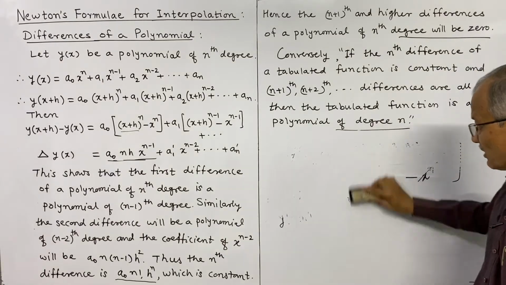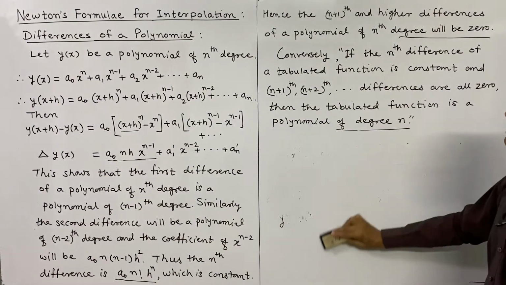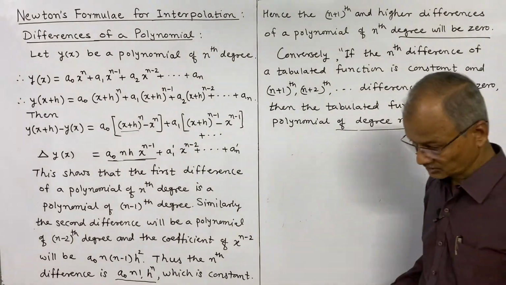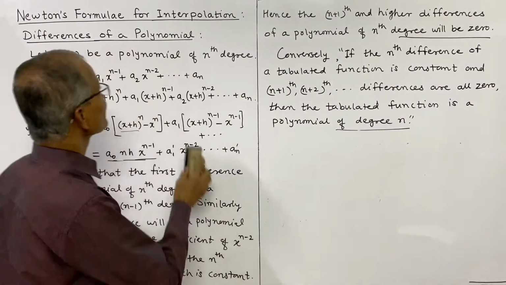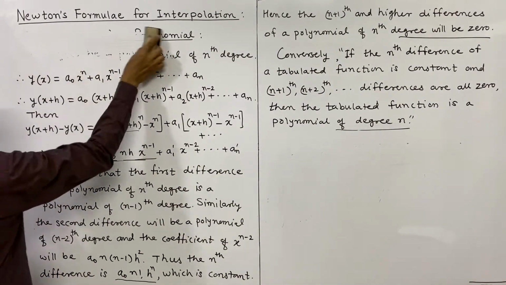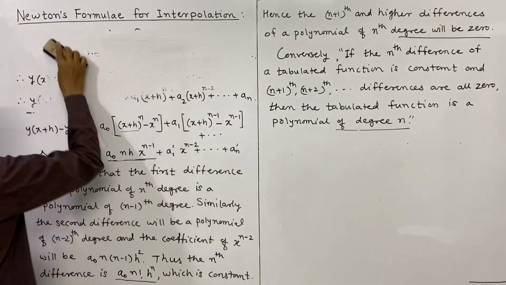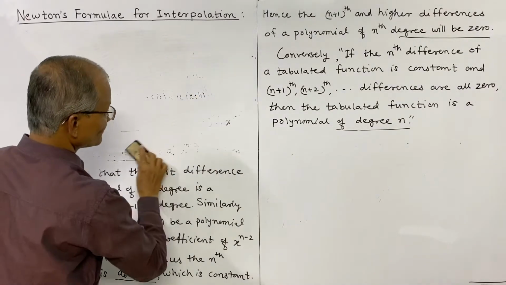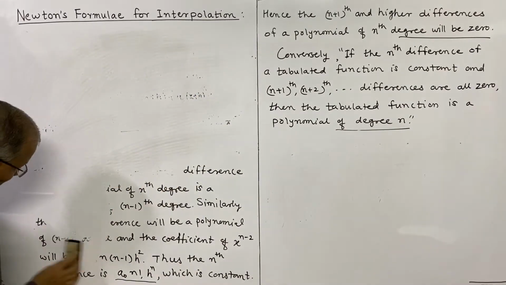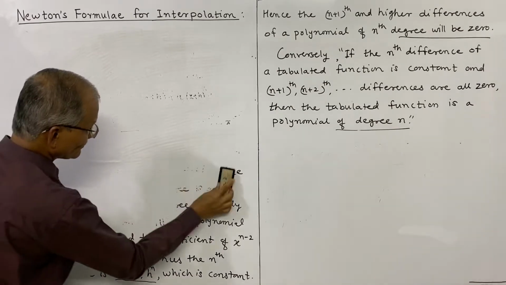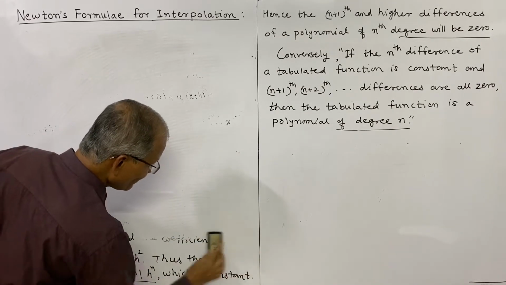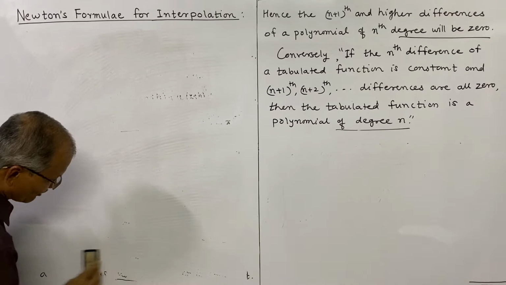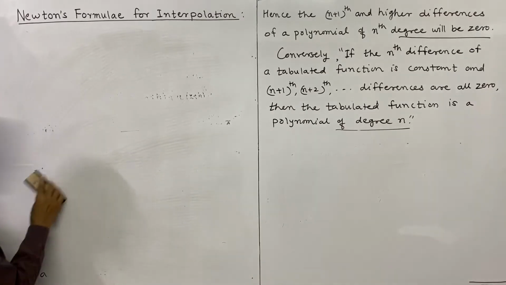And now we will see Newton's formula for interpolation that we shall consider. And again we will have tabulated values, x naught, y naught. That means values are given in a table.